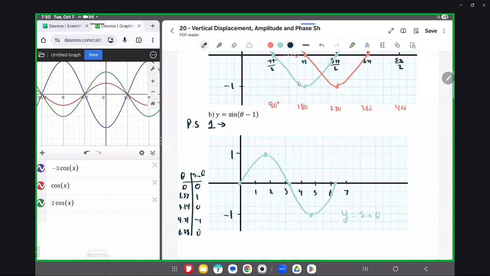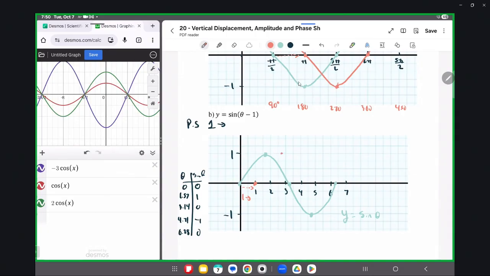Now, the easy part is that we need to have a phase shift of 1 unit to the right. Well, that's pretty easy now because we take each of our 5 points and we move it over 1 unit to the right. So this 1.57 number becomes 2.57.